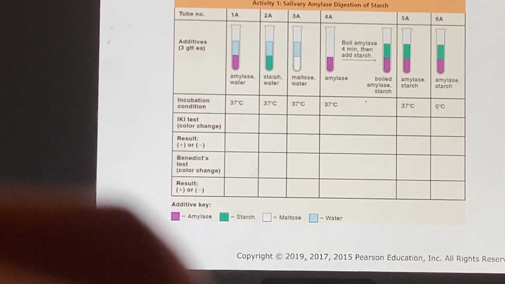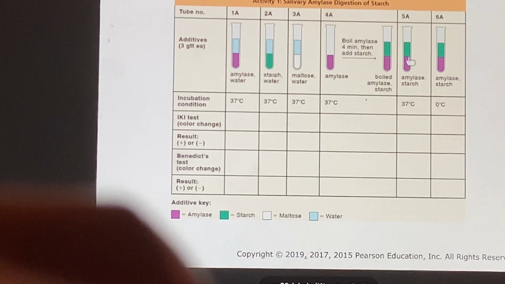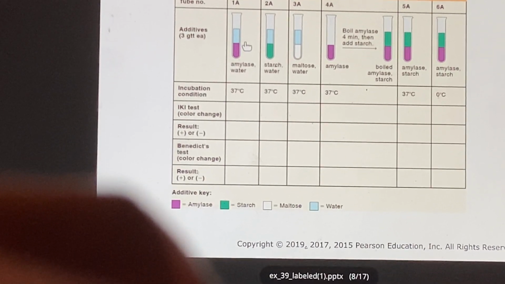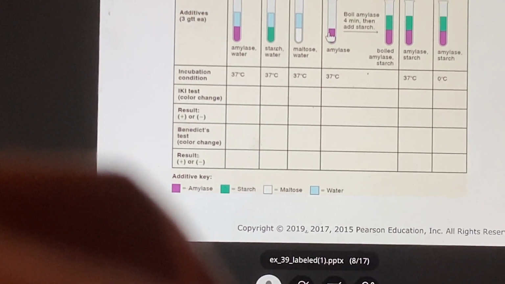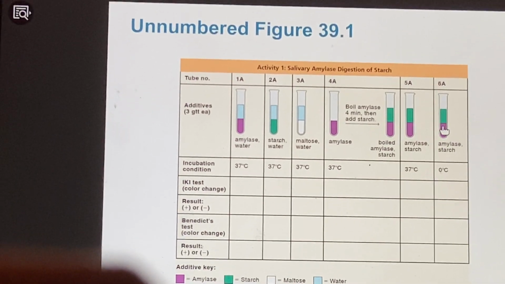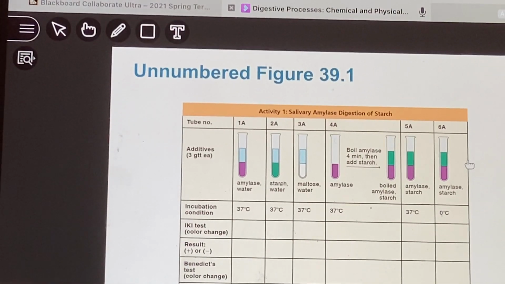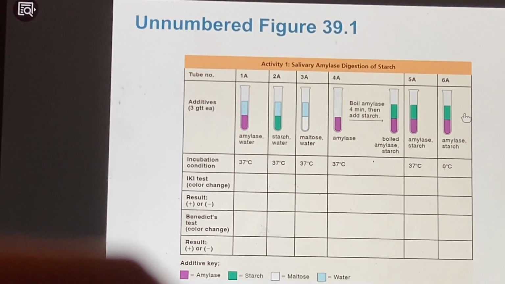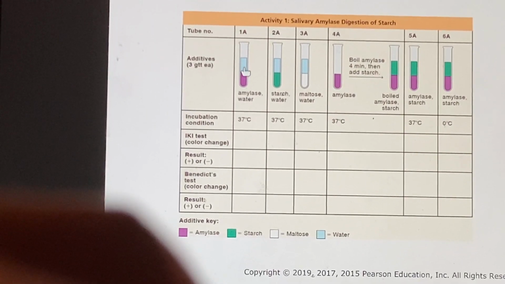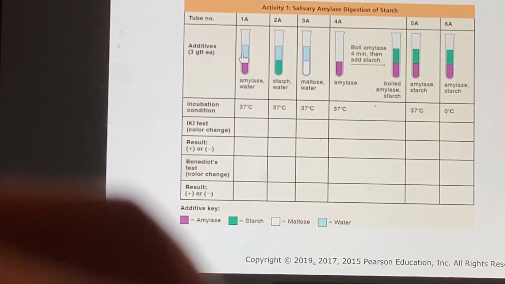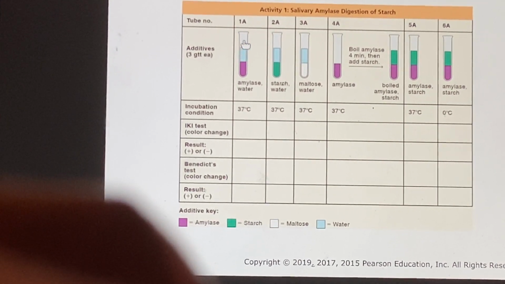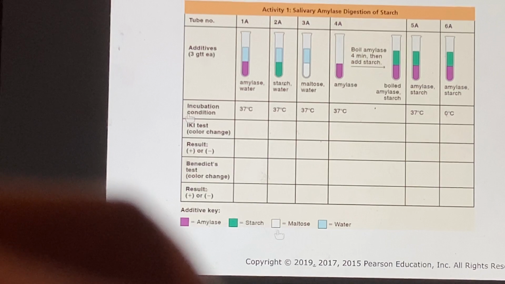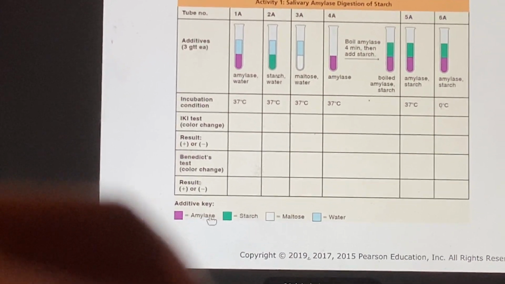Following along, we have the test tubes here: test tube 1A, 2A, 3A, 4A, 5A, and 6A. So we prepared about six test tubes, and we have this colored additive key. In this chart, we follow this additive key.